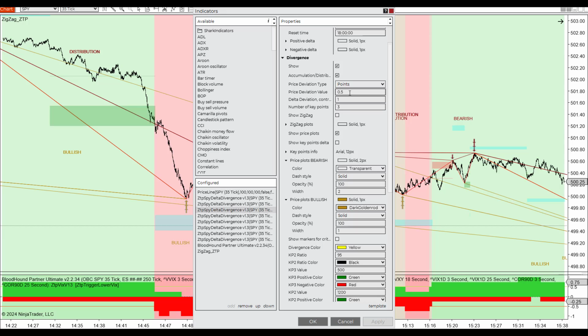The next zigzag he has at 50 cents. So that's where we see this right here. Again, bearish is now transparent. For the next 50-cent one, we flip our colors.